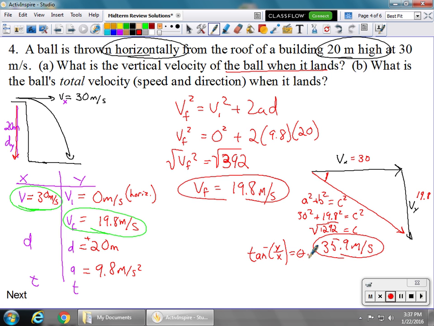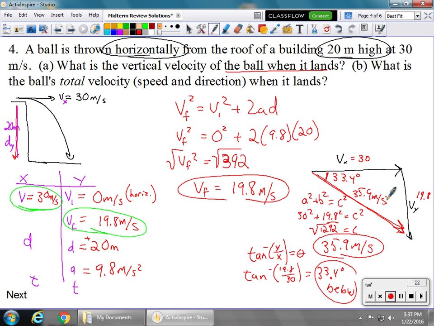So in this case, we're doing inverse tangent, substituting in 19.8 over 30, which gives you a final angle of 33.4 degrees below the horizontal, and that's where that answer comes from. This is the 33.4 degrees. Our resultant velocity, 35.9 meters per second. And there you are.